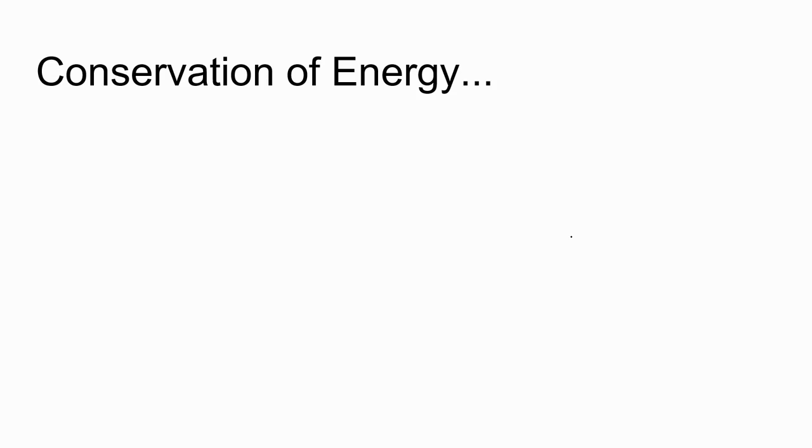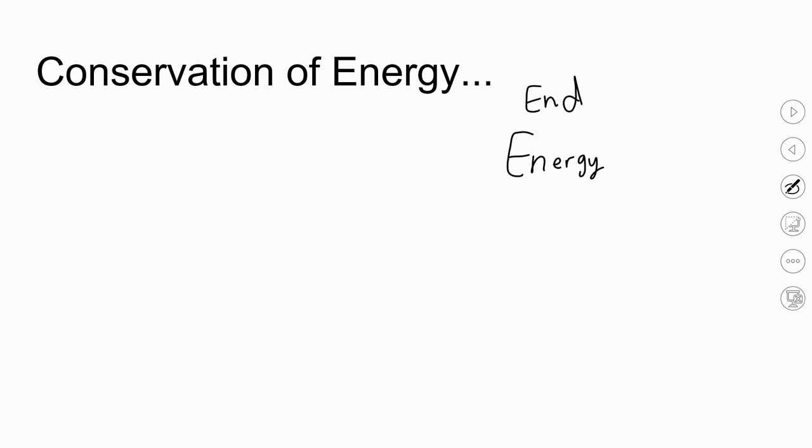Okay, good. You guys even got more than that. All right, so conservation of energy. We've talked about conservation of mass. So what is the conservation of energy then? How much energy you have at the end of the experiment? Good. So we'll put energy at the end. What does that have to equal?